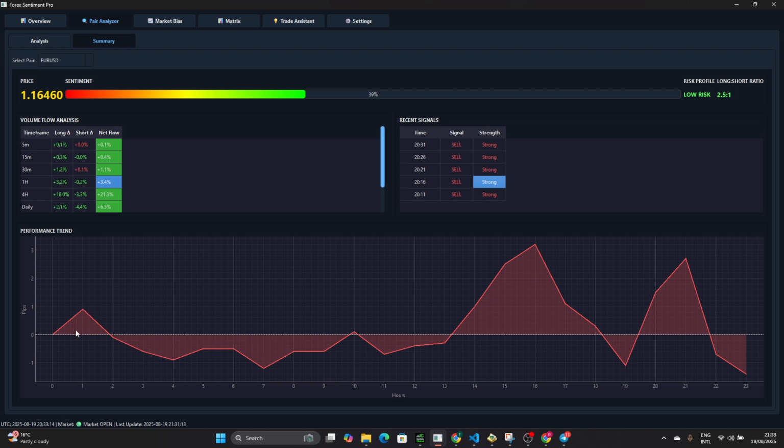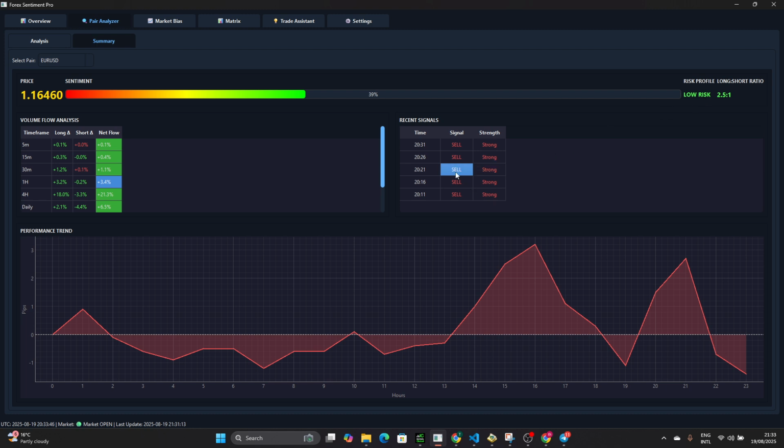This performance trend is the reflection of the signals here. Do not follow these signals. You have to focus on it, but do not follow the signals unless the other criteria are met. One of them is when the net flow is positive and the strength is strong, the risk is low.